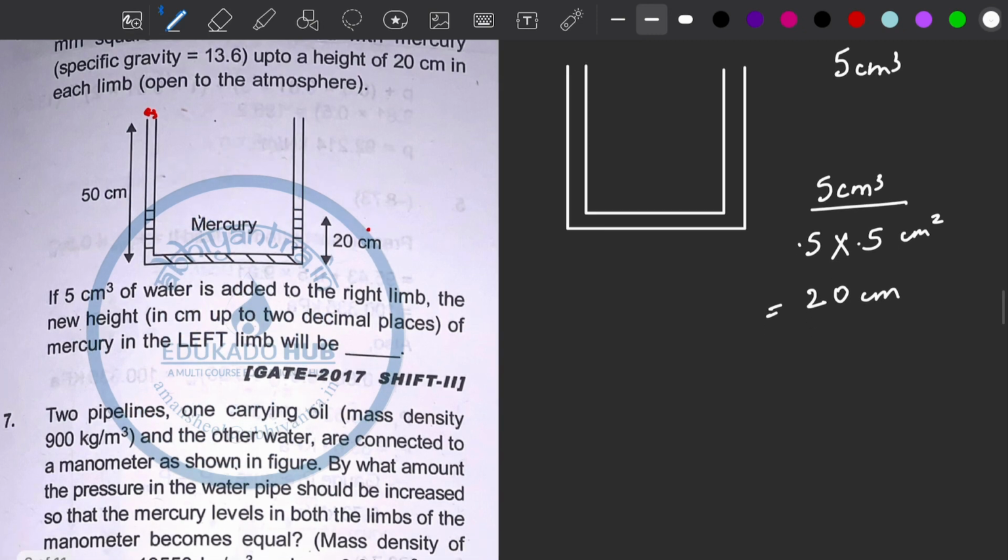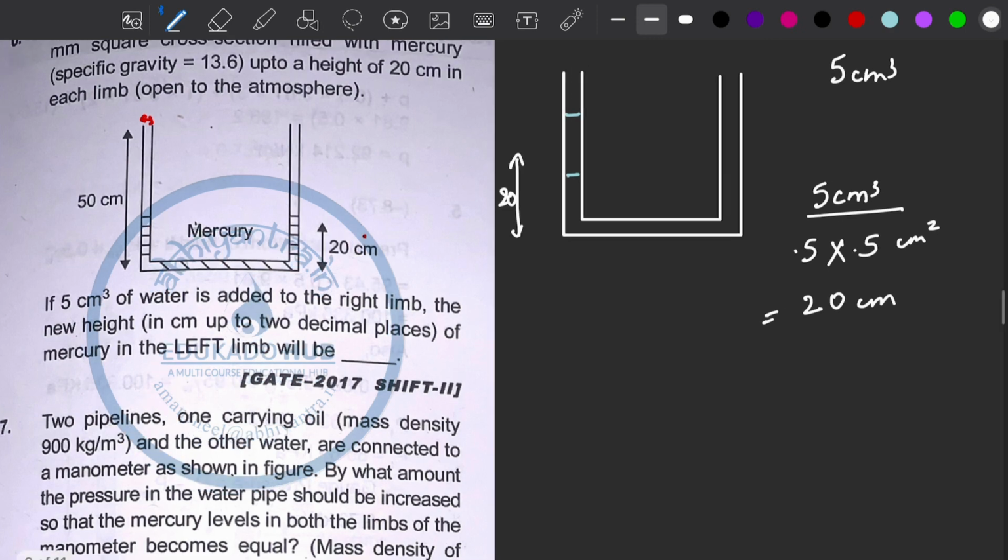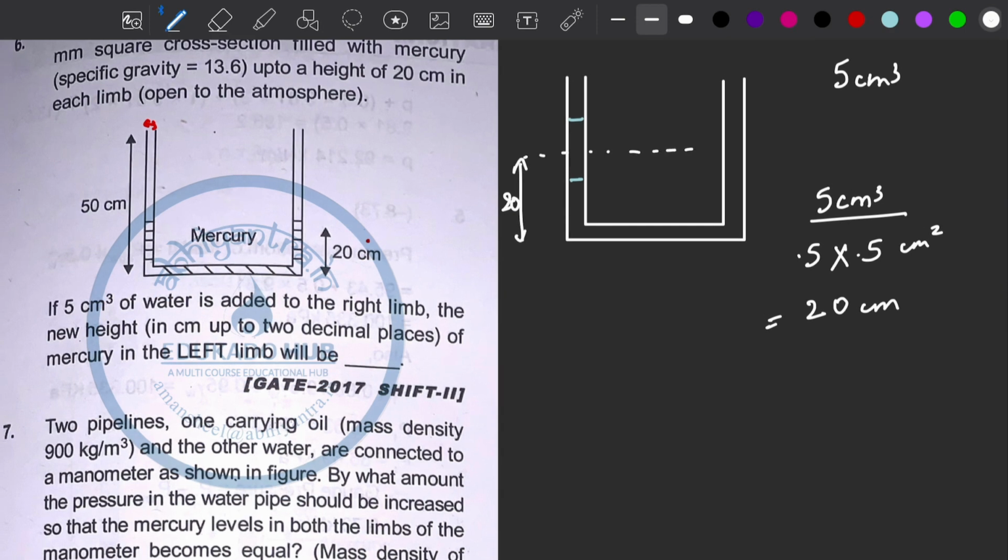Now if I add 20 centimeter of water, let's say this much, and let's say this was the height 20 previously, and the mercury level goes down by X amount.